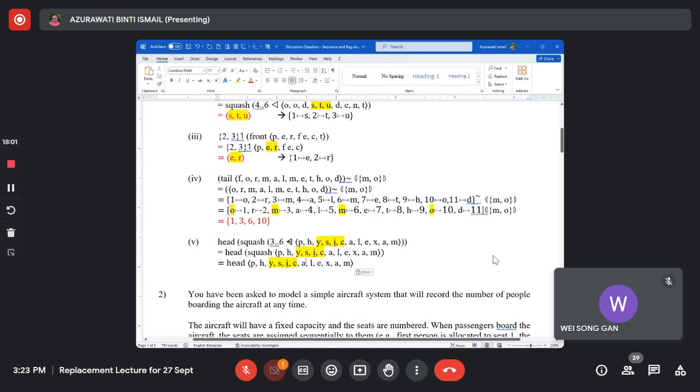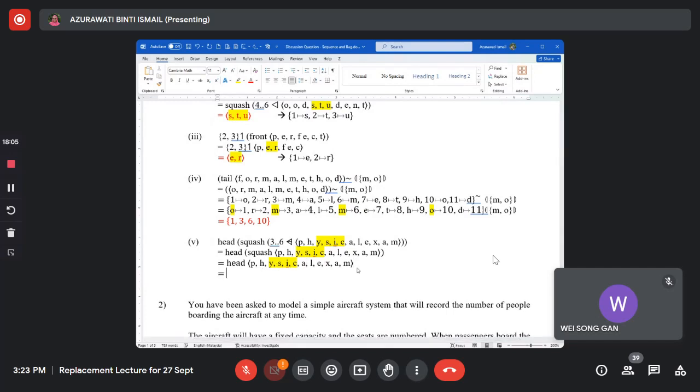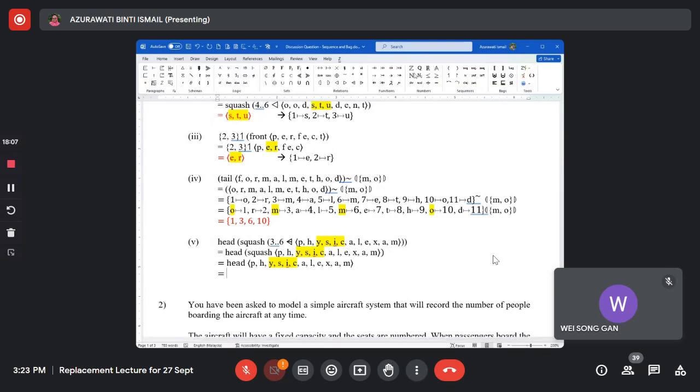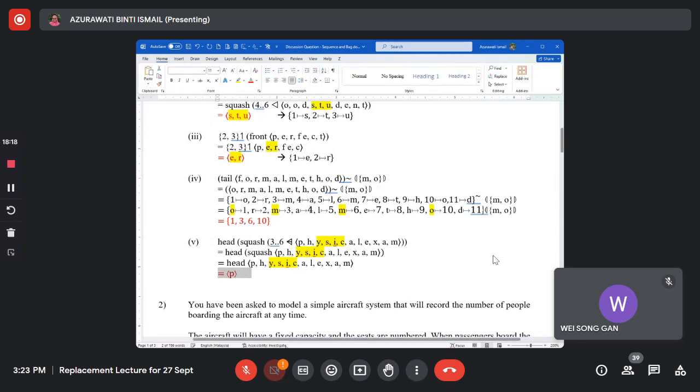So I have this, right? That means that the last answer will be in sequence. So it will be P and D. The last answer will be this one. The squash operator here is to update the numbering.